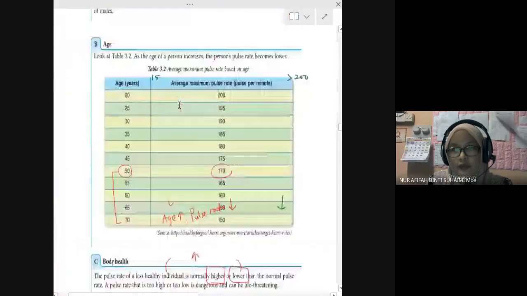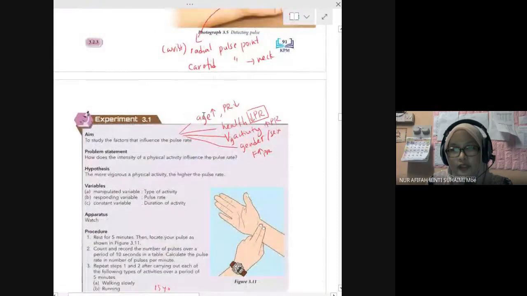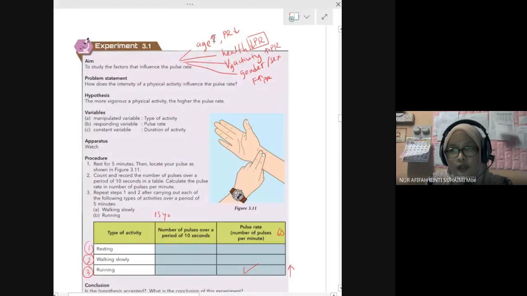Right, there are 4 factors that influence the pulse rate. Remember them. Here we have age: as age increases, as you become older, your pulse rate will become lower. Health condition: the pulse rate depends on health, either higher or lower.